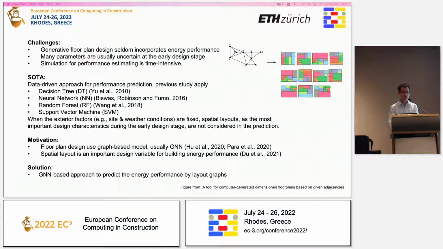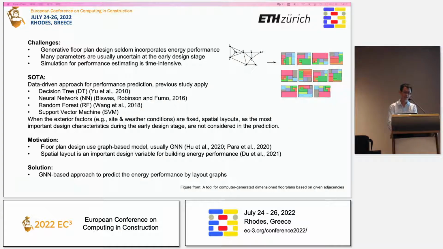However, when exterior factors such as the site and weather conditions are fixed, the spatial layout, the most important design characteristic during the early design stage, has not been considered or well structured in the prediction task. And there are two motivations for our research.